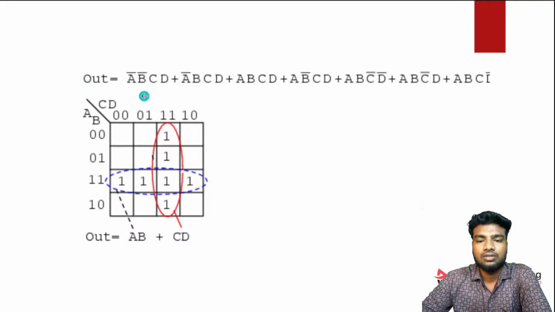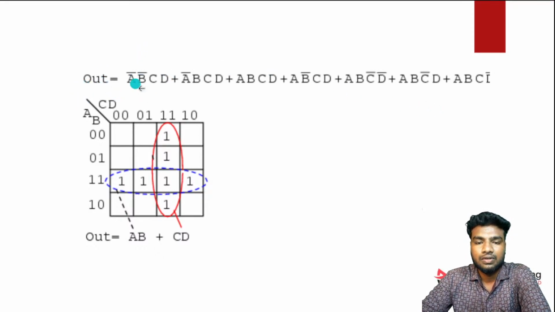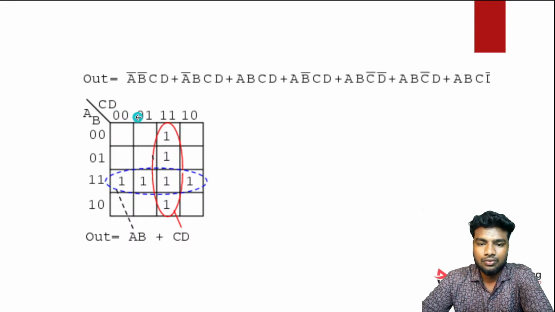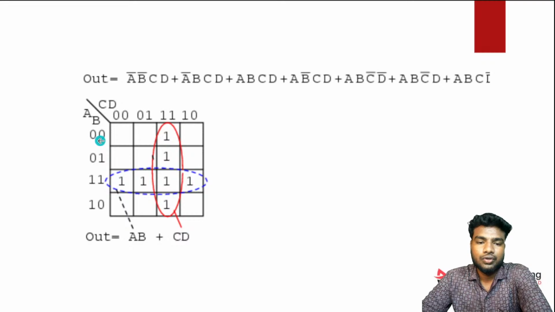So let's take the first term, a bar b bar cd. Before going to that, you must know how to write the K-map table. So 0 1 3 2, you have to follow this rule. 0 0 means 0, 0 1 means 1, 1 1 is 2, 3. Here also you can see 0 0, 0 1, 1 1, 1 0.